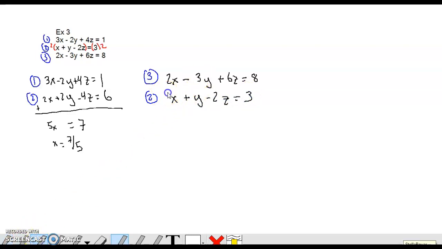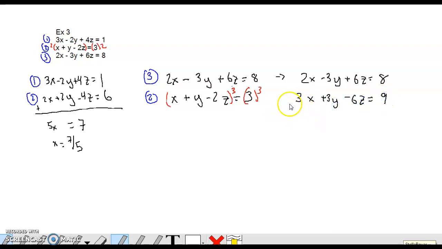This time, I'm going to multiply everything by 3. So what am I going to get? This equation stays exactly the same, which is great. This is going to become 3x, plus 3y minus 6z is equal to 9.